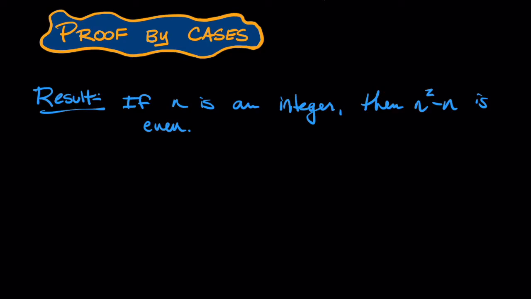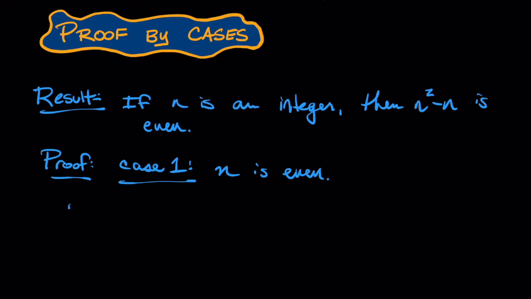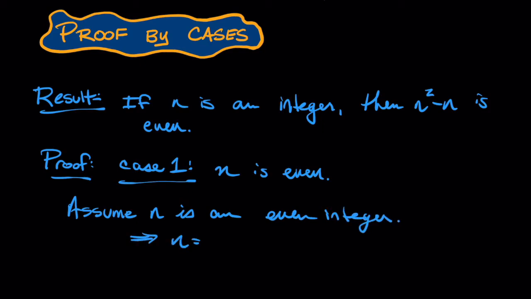So for our proof, our case 1 is going to be n is even. So we'll start by assuming n is an even integer. And that means that we can write n as 2 times k for some integer k.